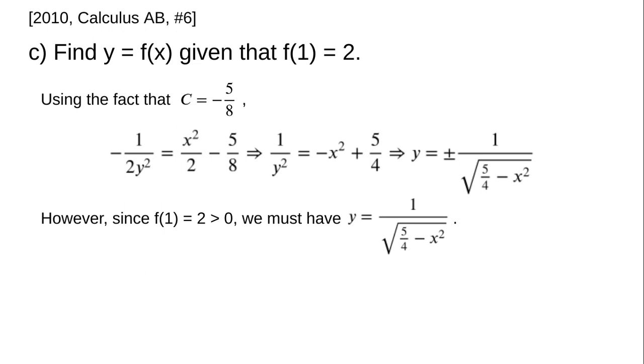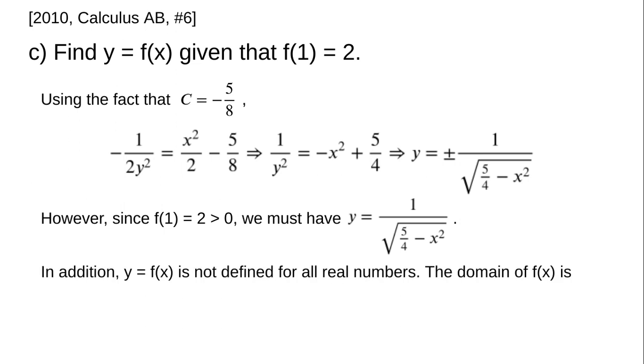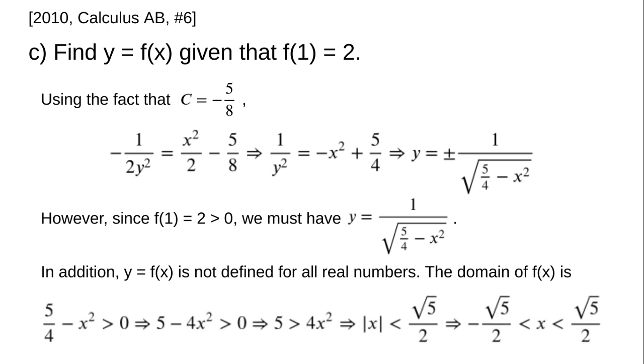Now notice that this function has a restricted domain. It is not defined for all values of x. So we have to determine the restricted domain here. Since we are taking a square root and we are dividing by that square root, the value of 5/4 minus x squared must be strictly greater than 0.